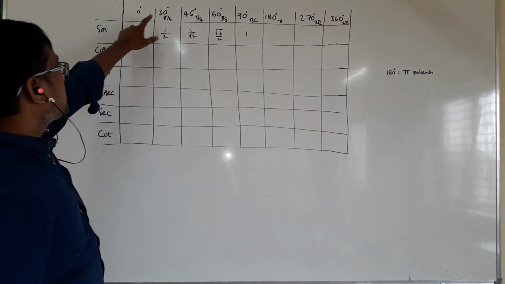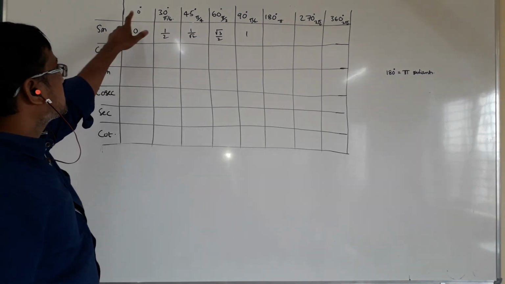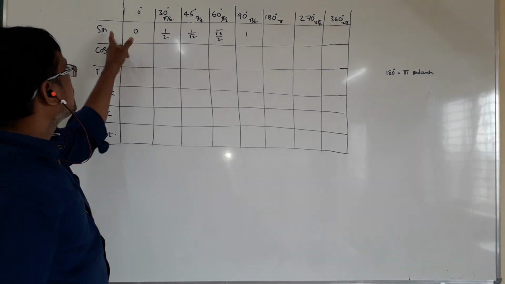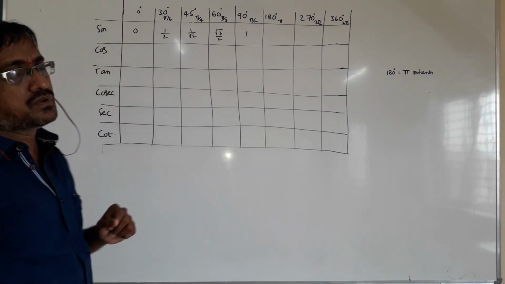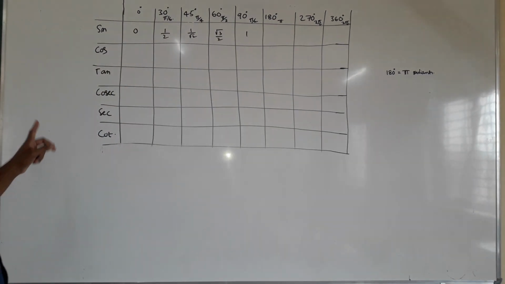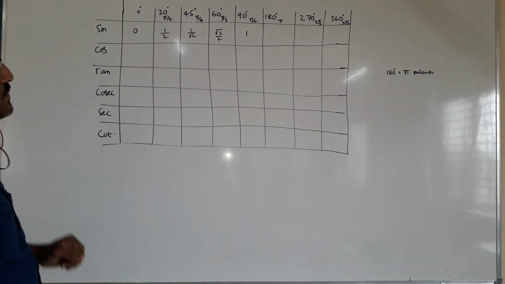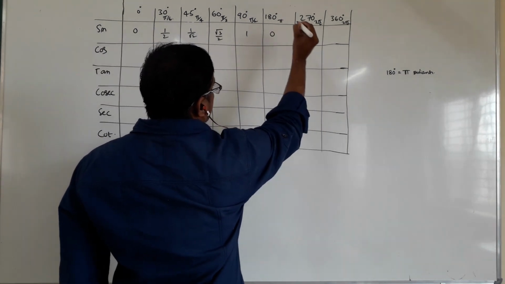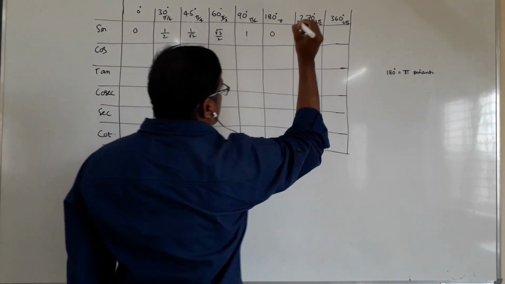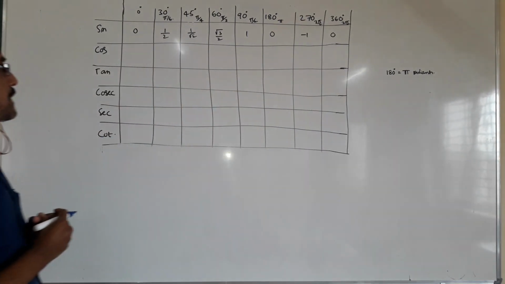You can read them as sin pi by 6, sin pi by 4, sin pi by 3, sin pi by 2, or sin 30, sin 45, sin 60, sin 90 also. Now sin 180 degrees is 0, sin 270 is -1, sin 360 is 0.